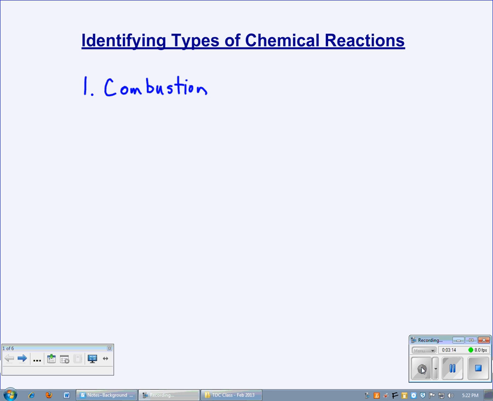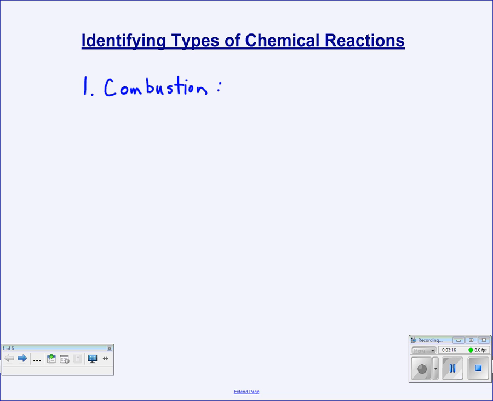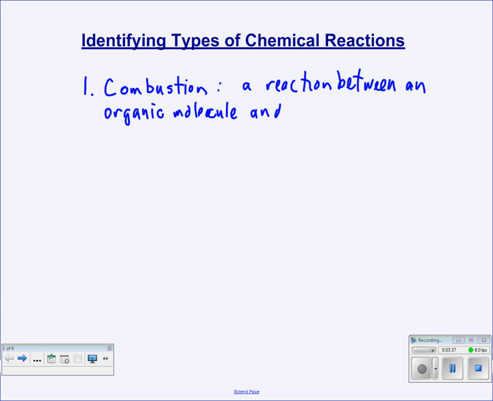Well, a combustion reaction is defined as a reaction between an organic molecule and oxygen, in which heat is released.